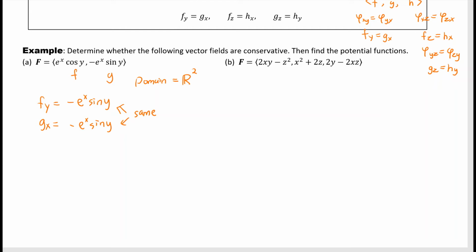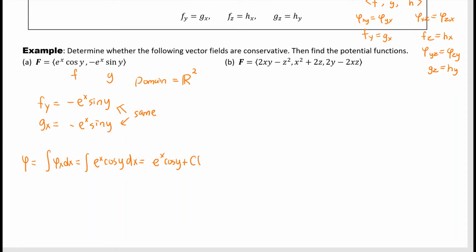So how do we find a potential function? Remember F is like phi_x, G is like phi_y. So what is phi? We can integrate phi_x, which is F, so e to the x cosine y dx, with respect to x. The integral of e to the x is e to the x, so we have e to the x cosine y plus c.